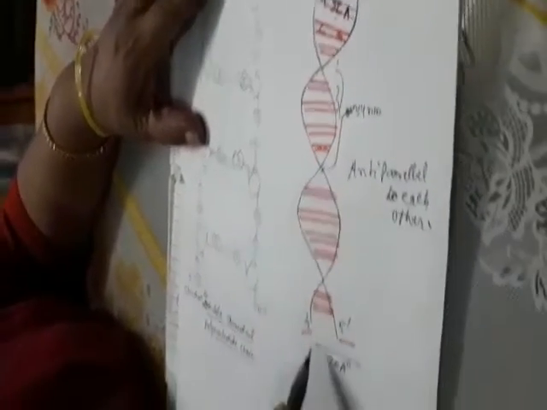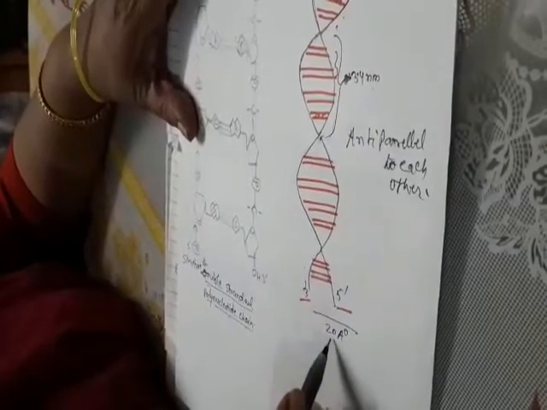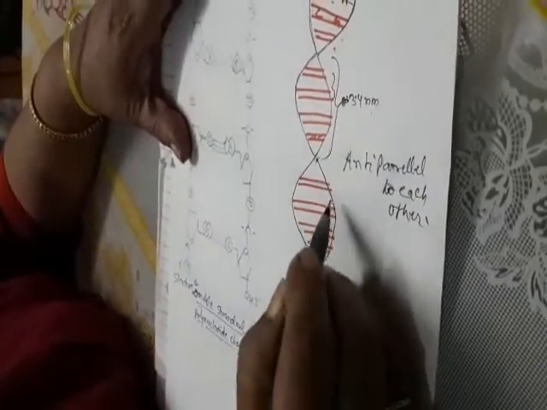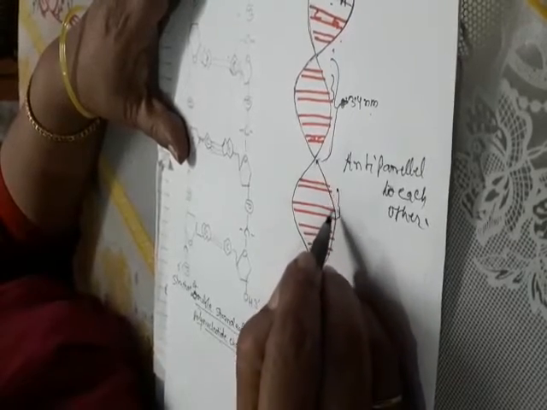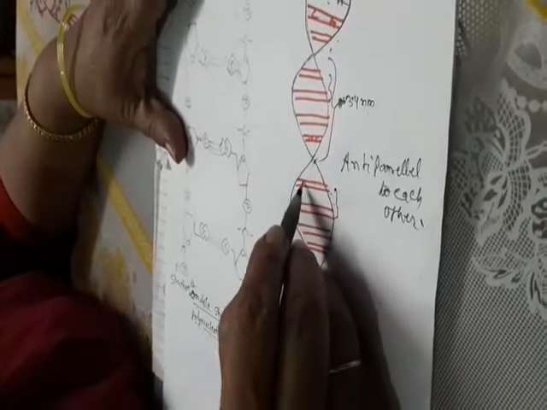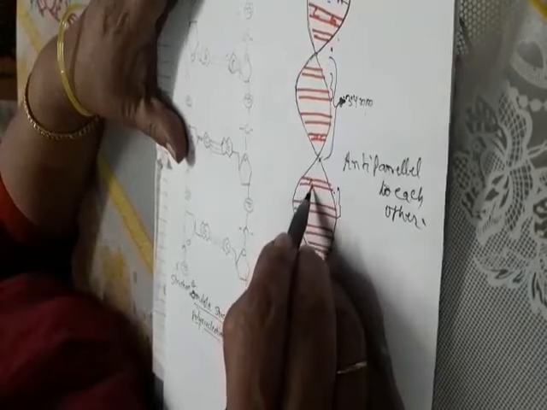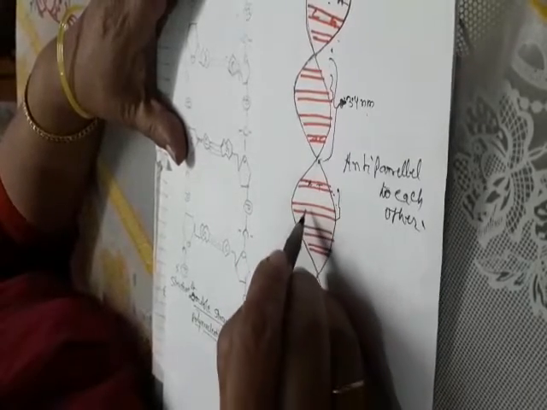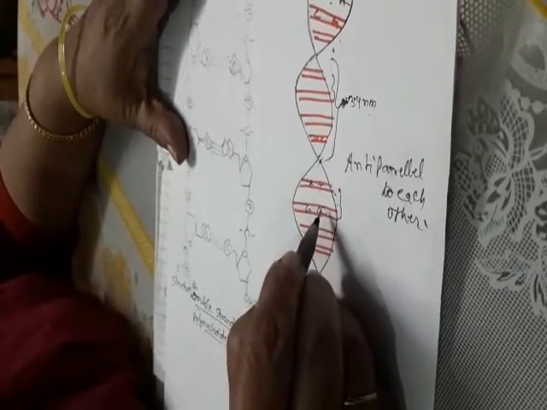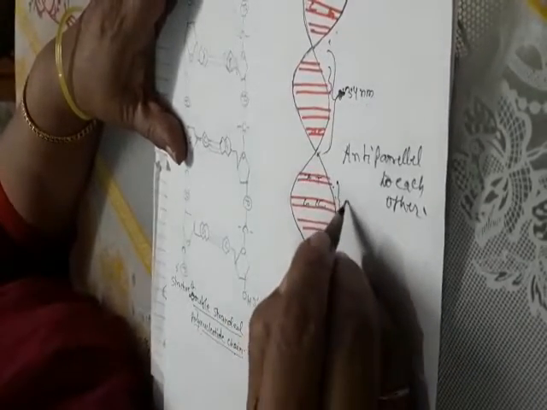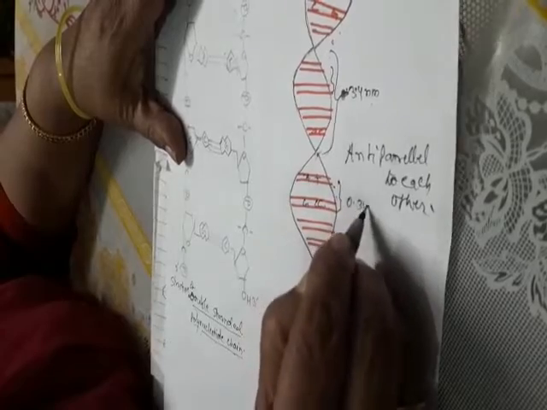The distance between two strands is 20 angstrom and the distance between two base pairs is 0.34 nm.